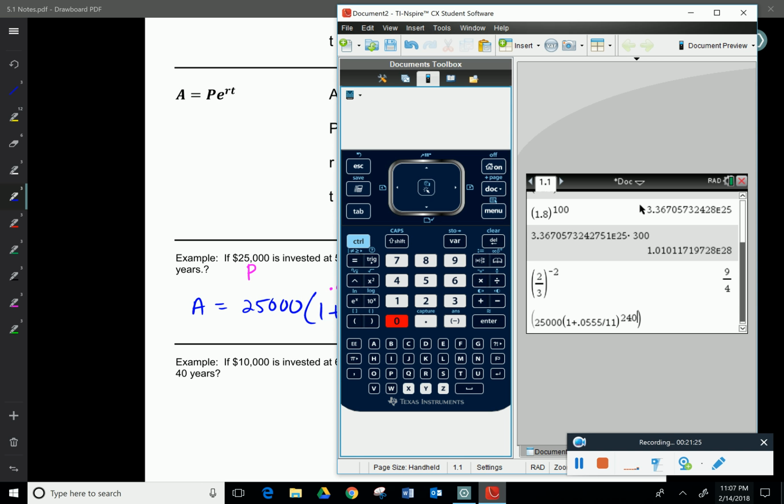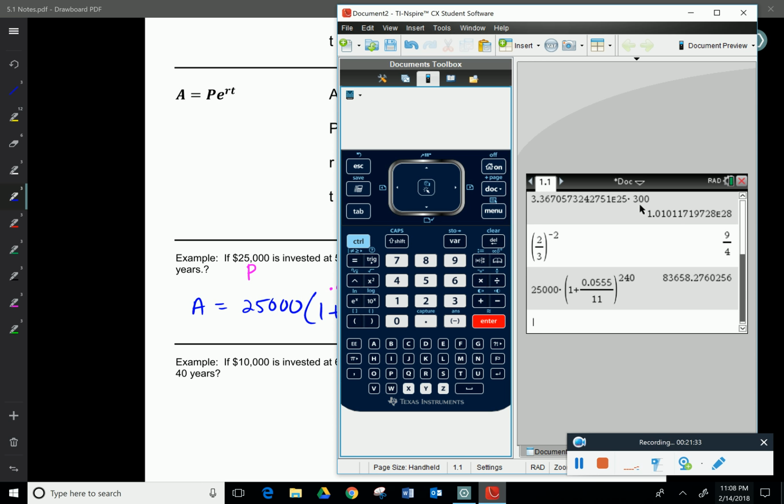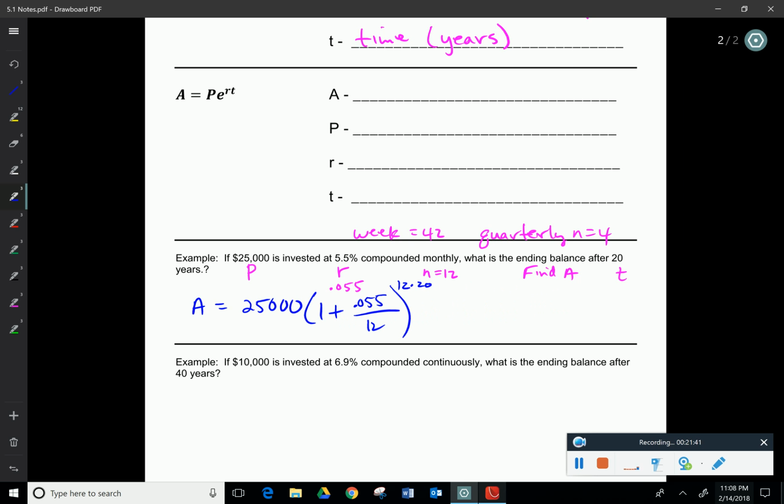Now, do I have an extra parenthesis? No, I think I'm good. I think I've got that set up the way they had asked. So I'm going to say enter and get 83658.28.